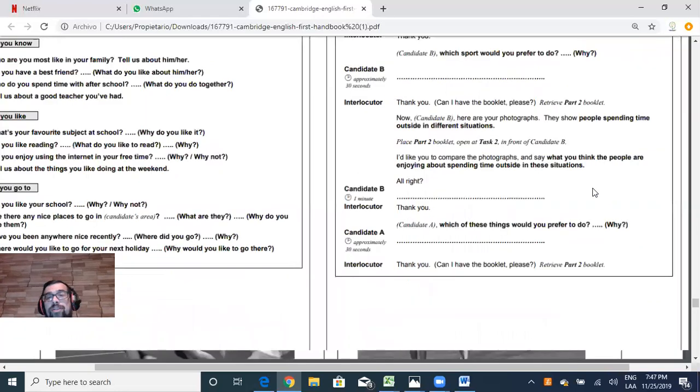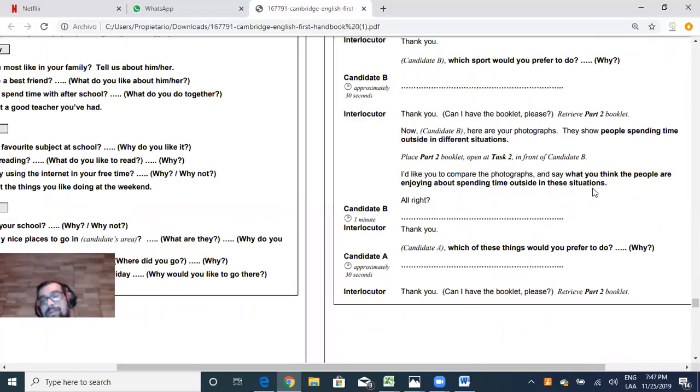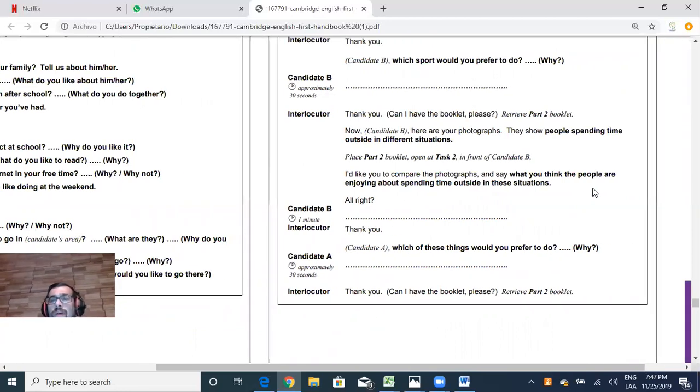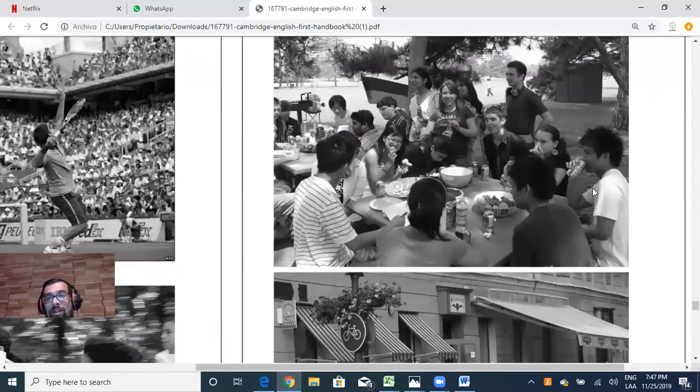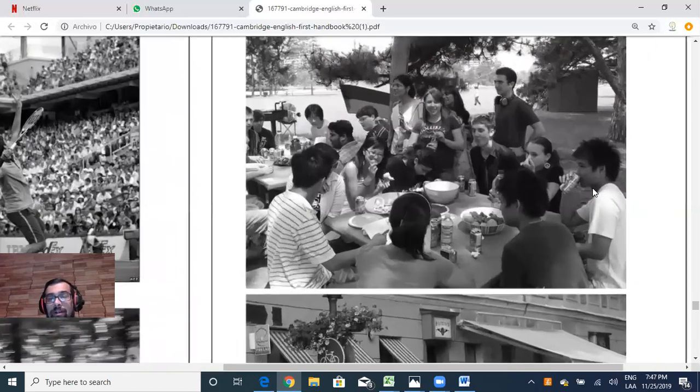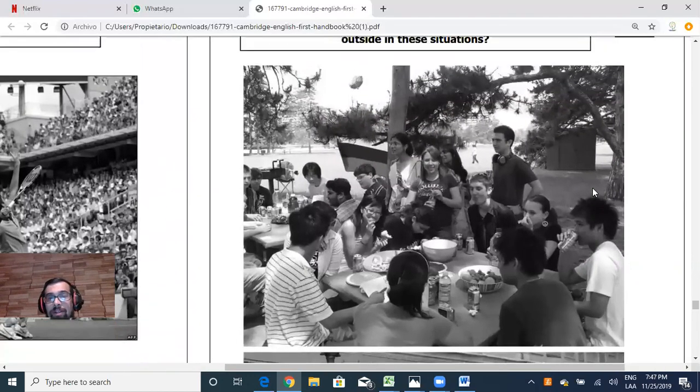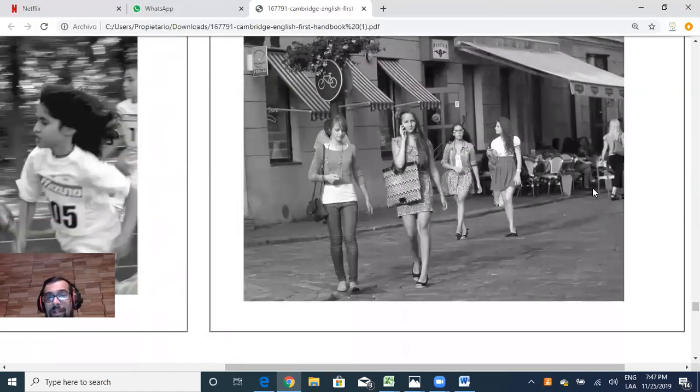Let's go to the other pictures, just because we are practicing for everything in general, right? So it says, these pictures show people spending time outside in different situations. And let's see here the pictures. Look carefully at the pictures here. And the second one is this one.